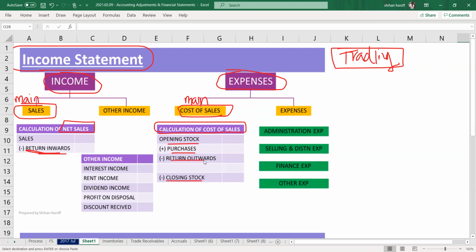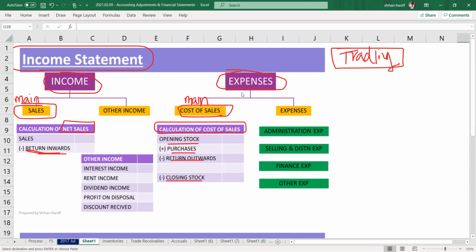If there is any return outwards, that should be deducted from the purchases. And if there is any carriage inwards, the transportation cost, taxes, duty, those expenses will be added to the purchases. The cost of sales is opening stock plus purchases minus closing stock.